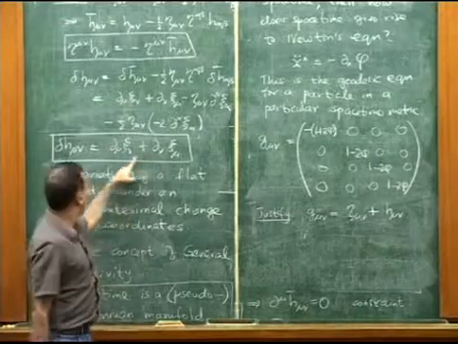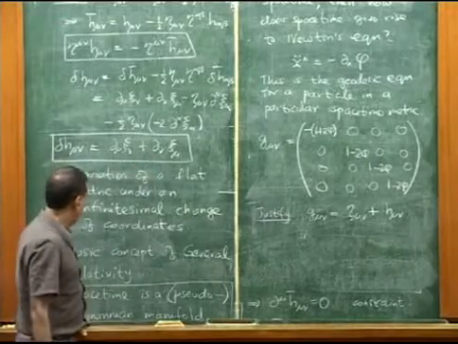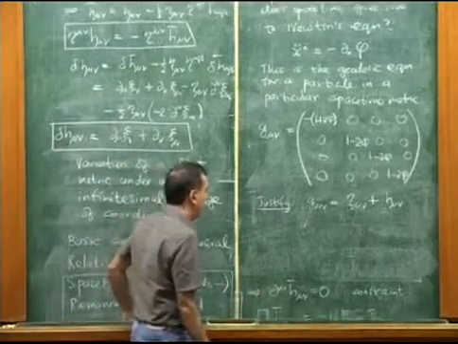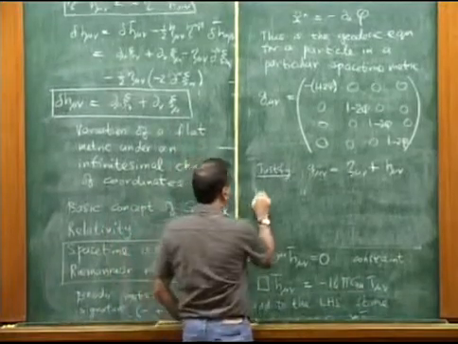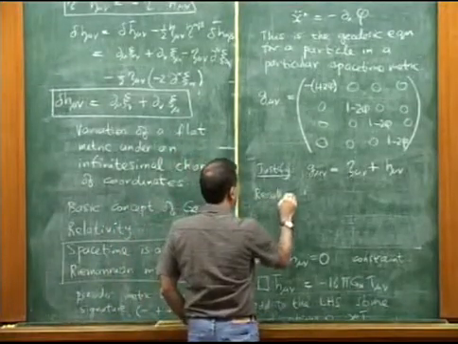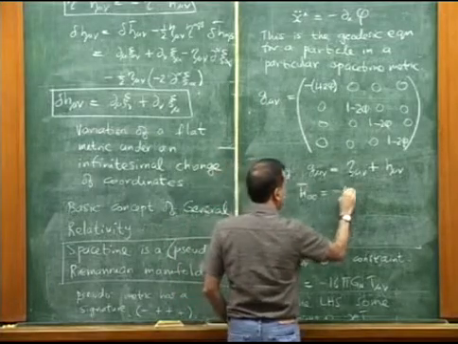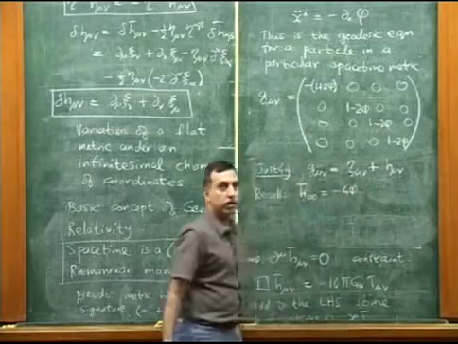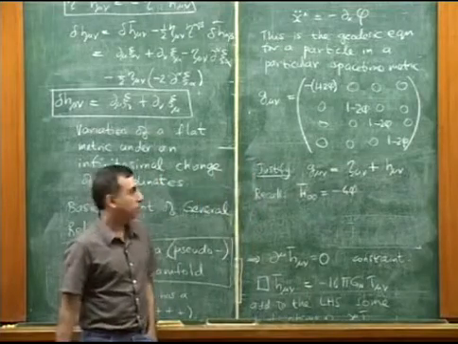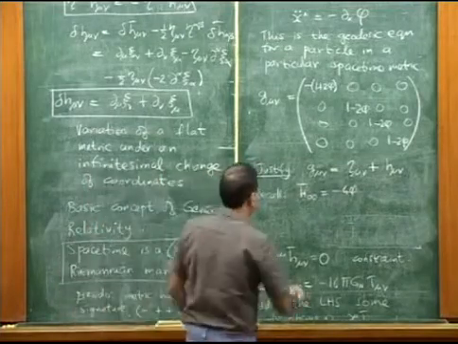Now I can calculate h mu nu for my system because of the following. Recall that h00 bar was minus 4 pi. Do you remember this? Okay.